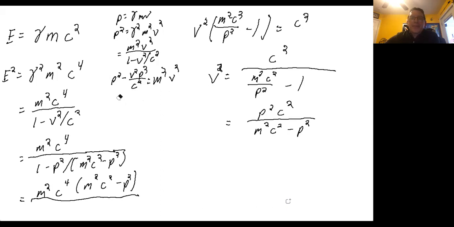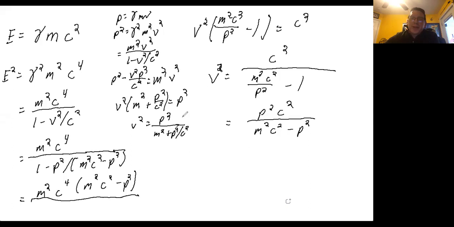Okay. v squared times m squared plus p squared over c squared is equal to p squared. And so that v squared then is equal to p squared over m squared plus p squared over c squared.